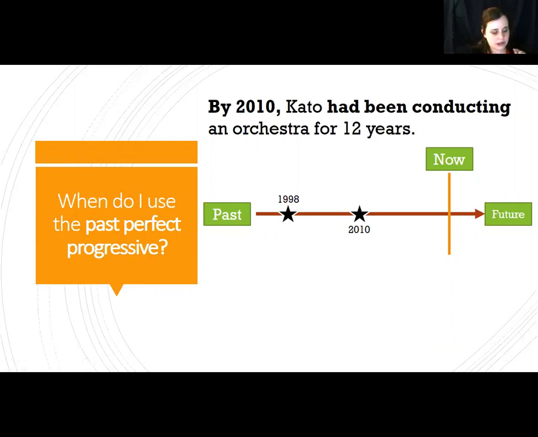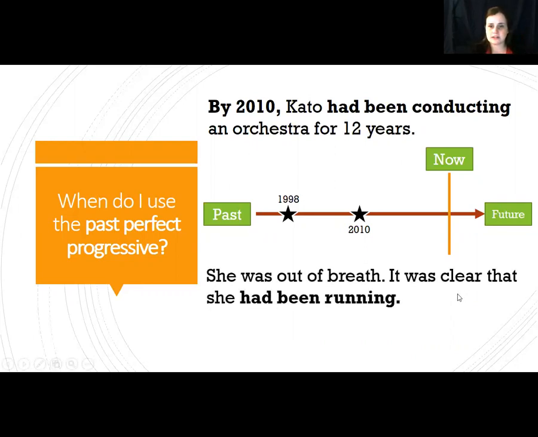Now there are some important things to note with the past perfect progressive. We can use the past perfect progressive for finished actions that had just ended. They need to have just barely ended. We should still be able to see the results of the action. For example, the sentence says, she was out of breath. It was clear that she had been running.